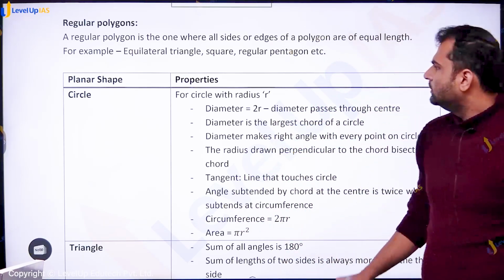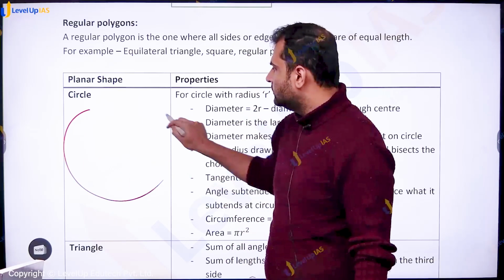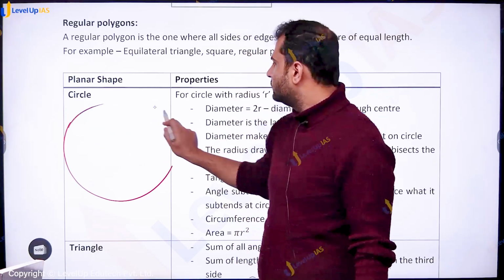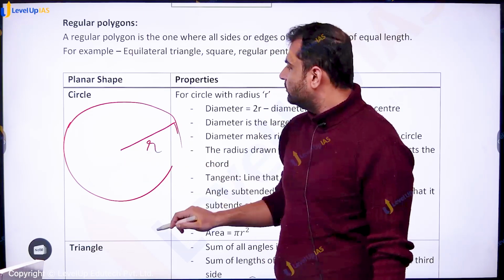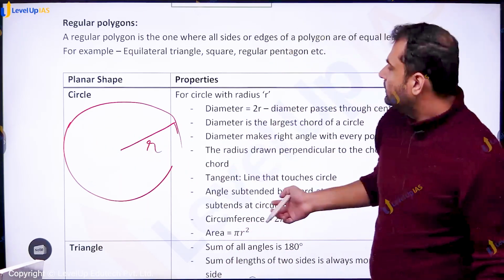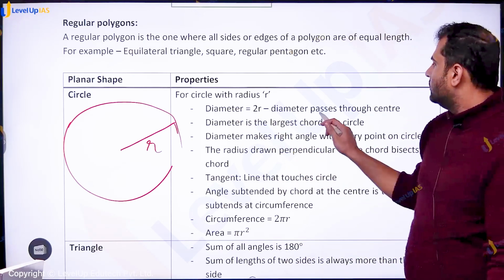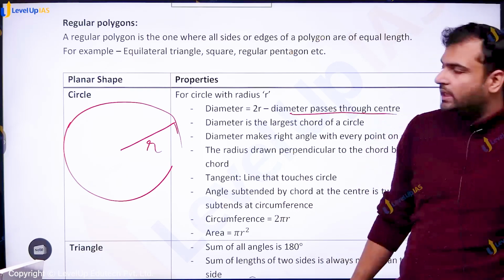For a circle with radius r, if you have a circle like this, radius, let us say r. Let us assume for all purposes that this is a circle. Diameter is a chord that passes through the center.